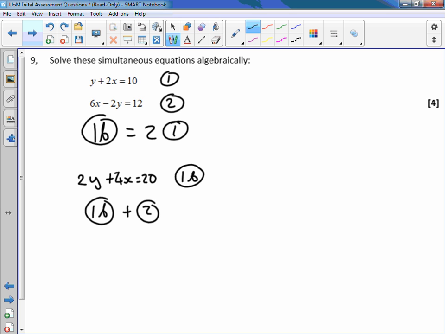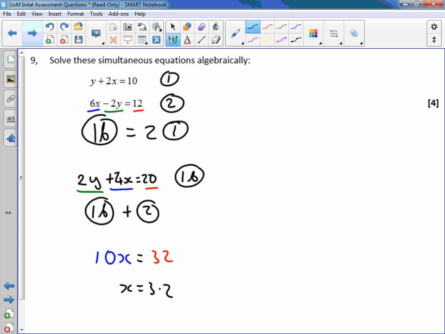So I'm going to have 2y plus minus 2y is nothing. 6x plus 4x is 10x. And then 12 plus 20 is 32. So therefore x must be 3.2.